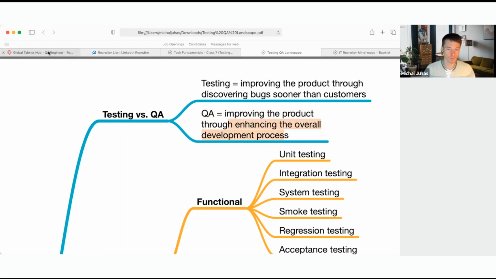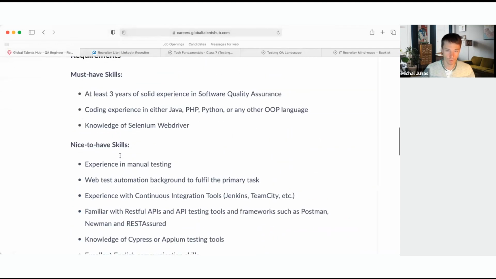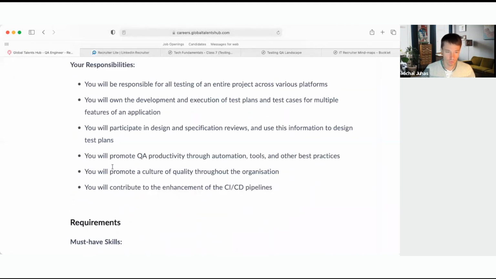So someone who would not just keep testing, but someone who would, and they wrote it here, promote a culture of quality throughout the organization to make sure that other developers also develop higher quality code. Someone who would promote new tools and best practices.